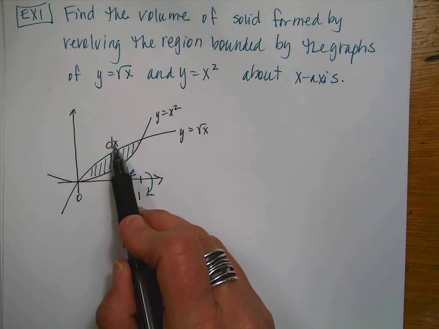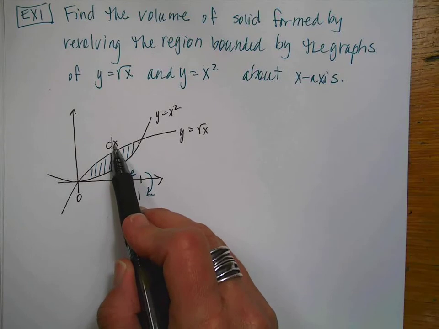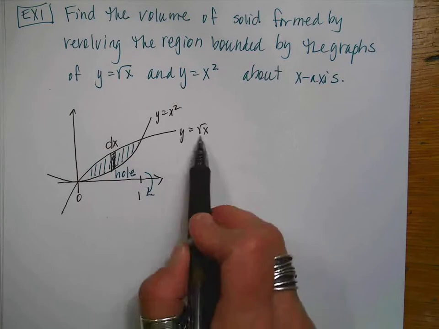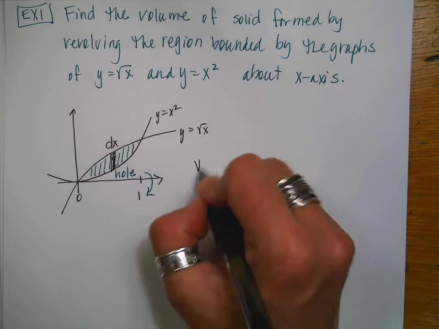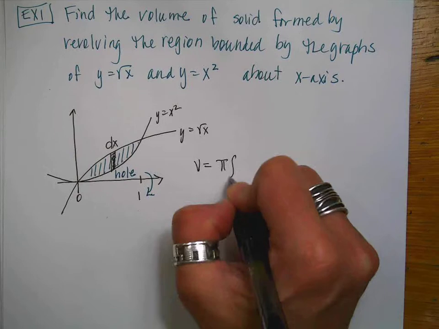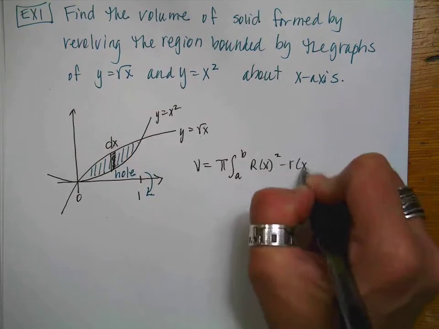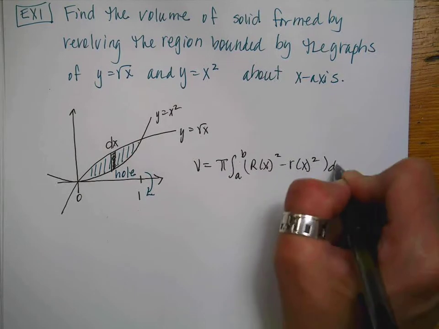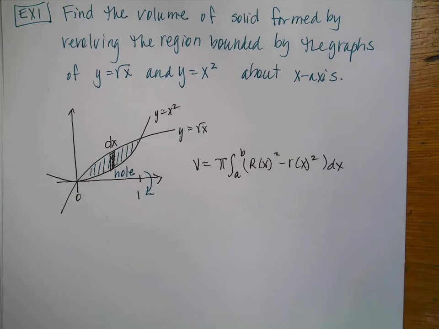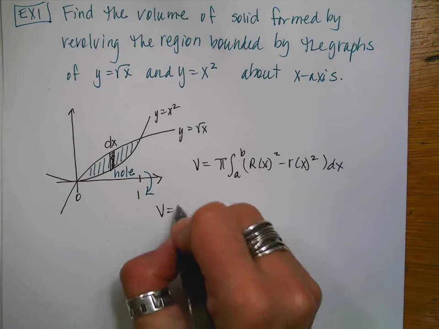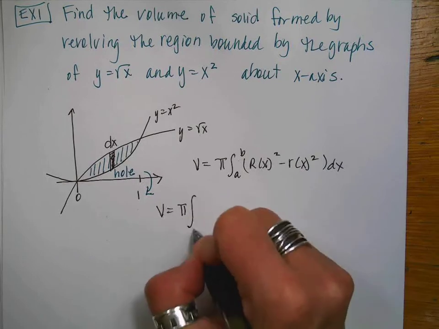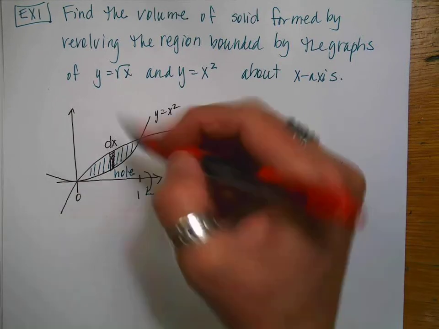I have a dx. So now when I set up my equation, I'm going to set it up using my variables in terms of x. So the volume is equal to pi, and I'm just going to write this for right now, R of x squared minus r of x squared dx. So this is the whole. So the volume is going to equal pi, and I'm going to integrate from 0 to 1.